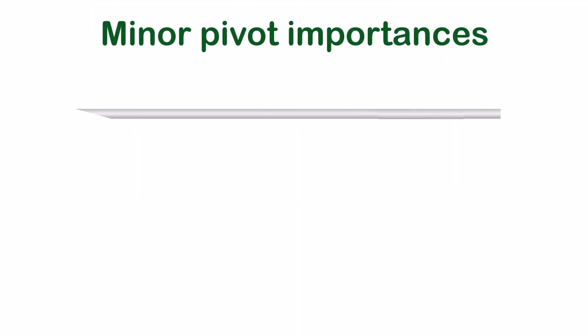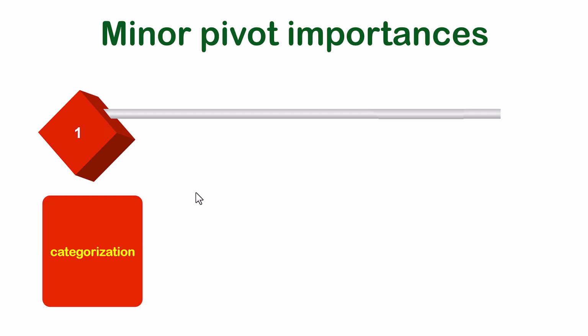Why should we learn a concept named minor pivot and learn how to identify and mark them on our charts? The first important thing that you should pay attention to is the categorization itself. Successful traders are obsessed with categorization. They categorize charts, time frames, candles, bars, patterns, lines, everything.